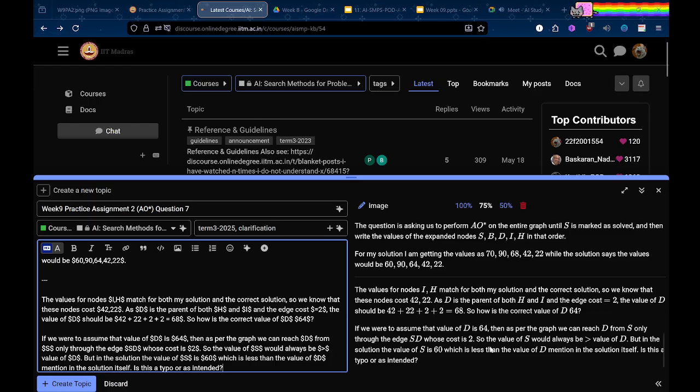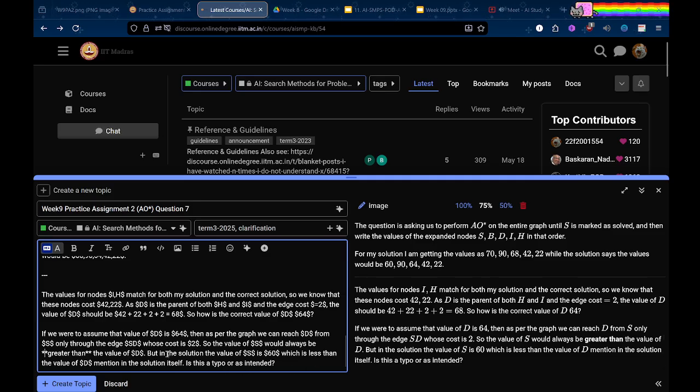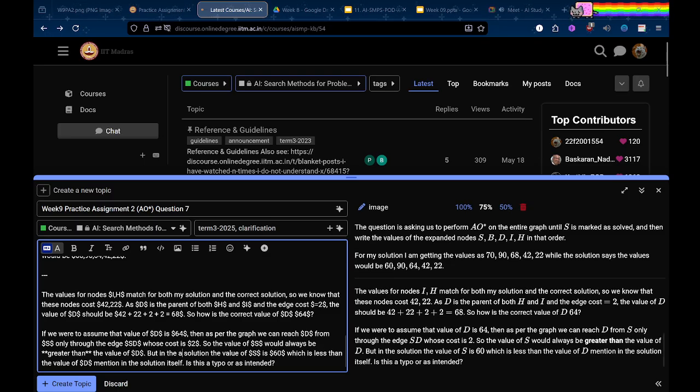So the value of F would always be greater than the value of D. But in the assignment the value of F is 60, which is less than the value of D, 64, mentioned in the assignment solution itself.